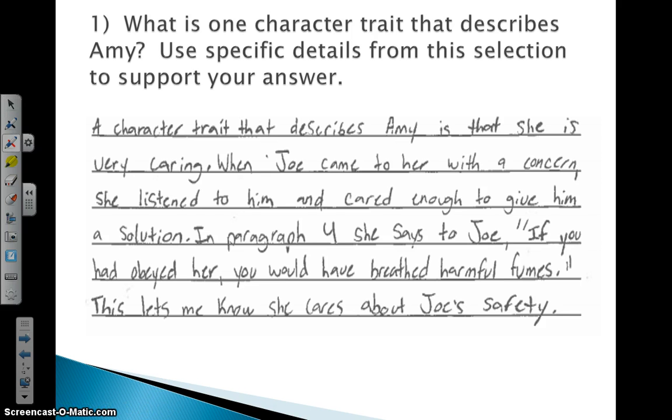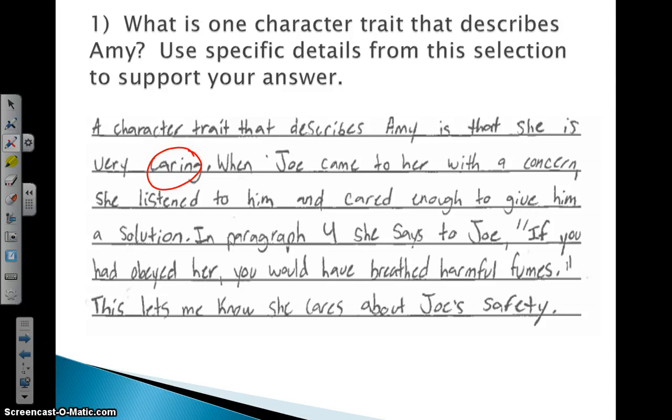The answer that was given, and which would earn a 3 out of 3, gives very specific details. First of all, it answers the question by saying a trait that describes Amy is that she is very caring. When Joe came to her with a concern, she listened to him and cared to give him a solution. So there's some specific detail. And then further, in paragraph 4, she states to Joe, quote, "If you had obeyed her, you would have breathed in harmful fumes," end quote.